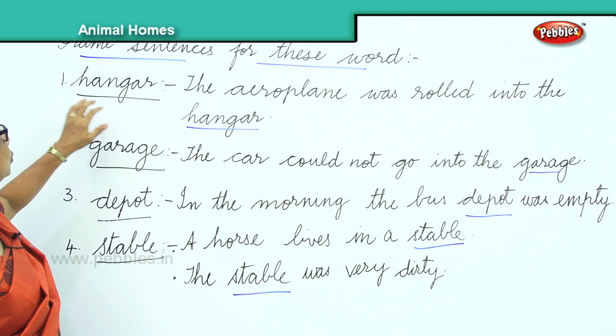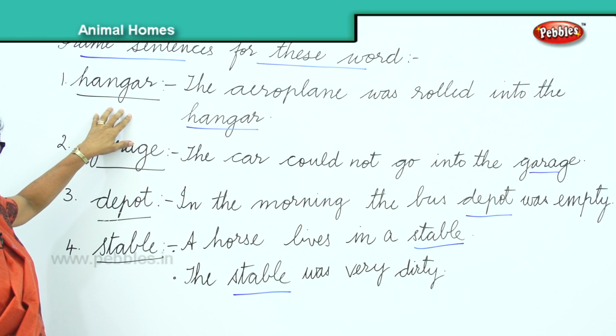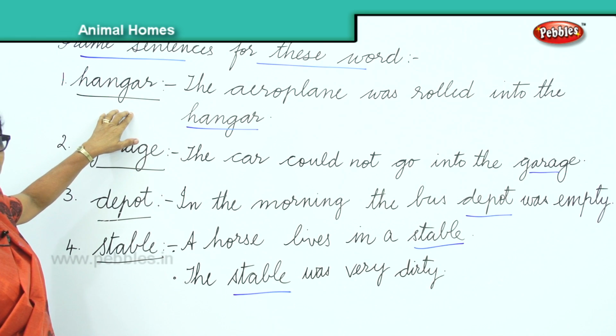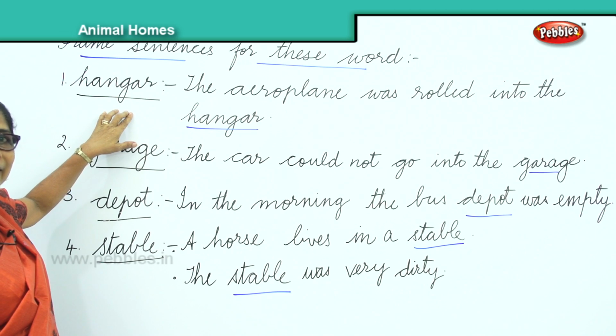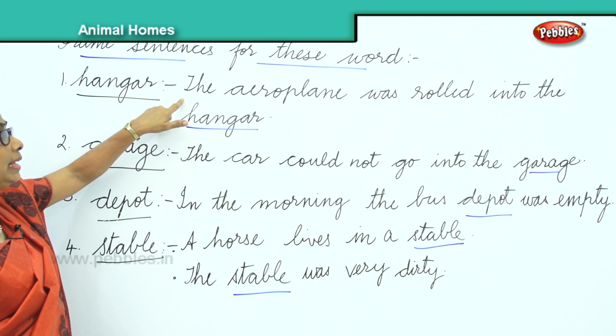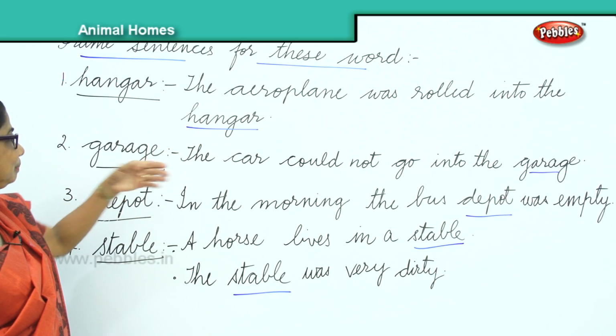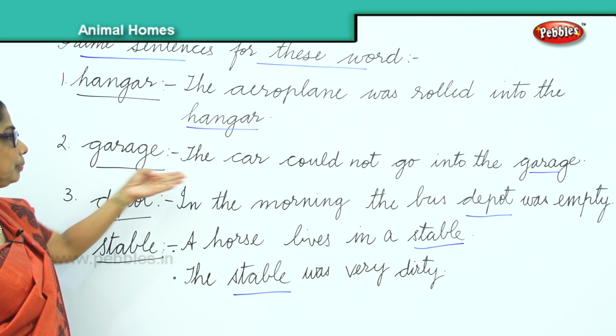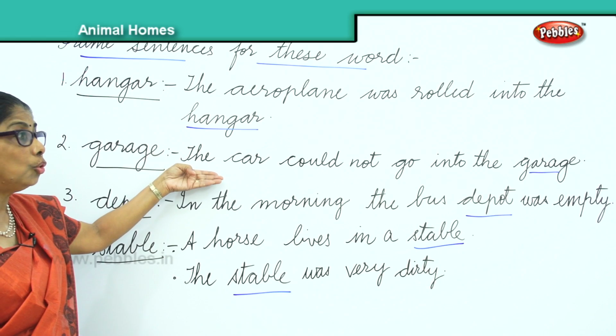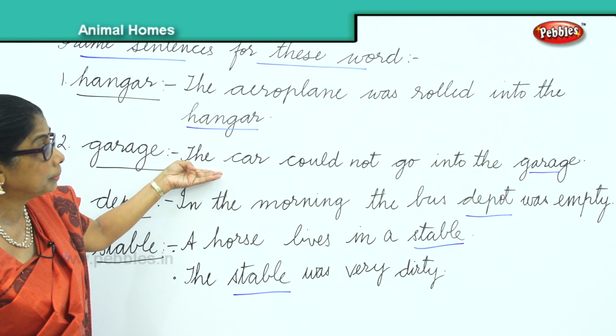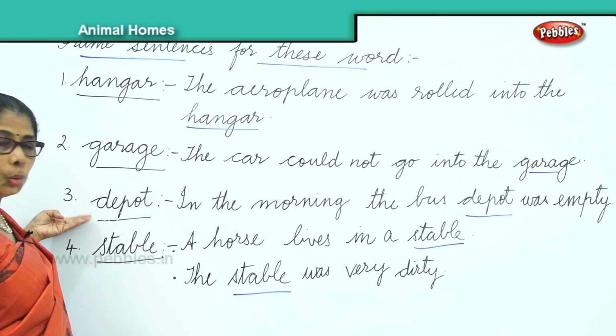Frame sentences using the word hangar. Hangar is a place where you keep the airplane. The airplane was rolled into the hangar. Garage. The car could not go into the garage. Depot.